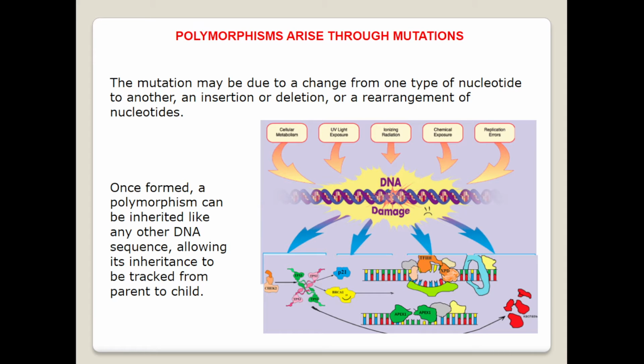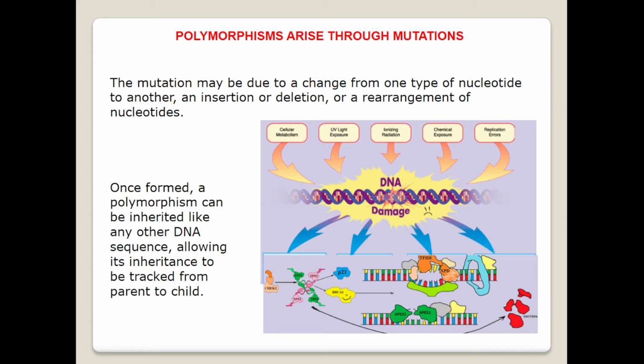It is cellular metabolism, for example oxygen, or any toxic things. It is the light of the sun, ultraviolet. It is radiation. It is chemicals. It is replication errors, which can always happen.